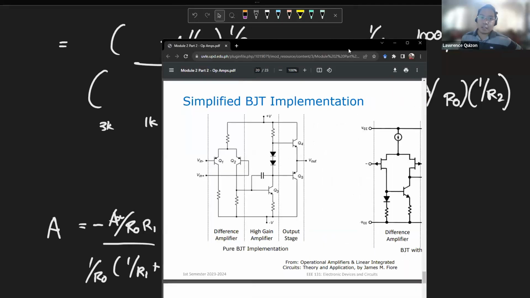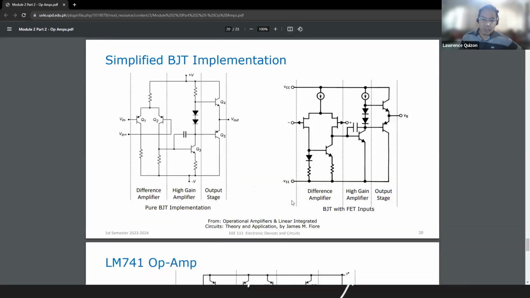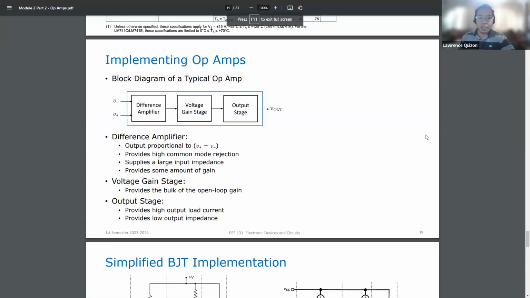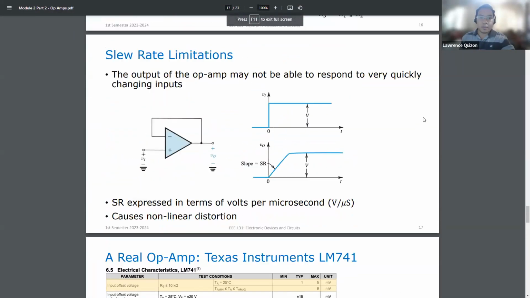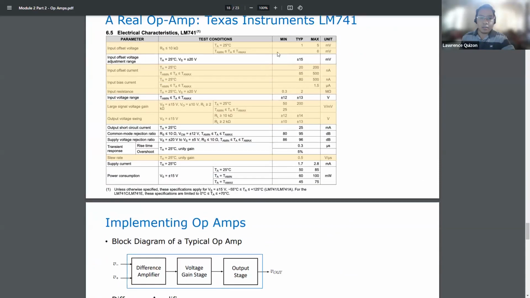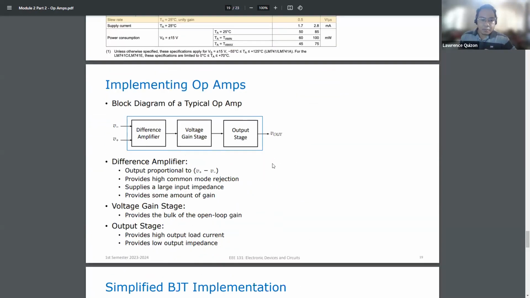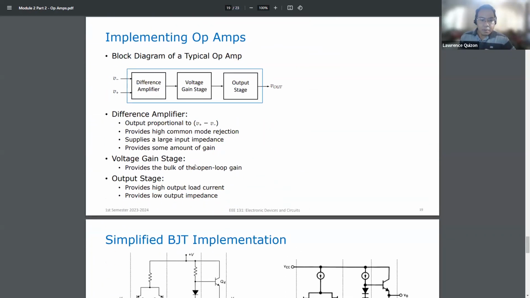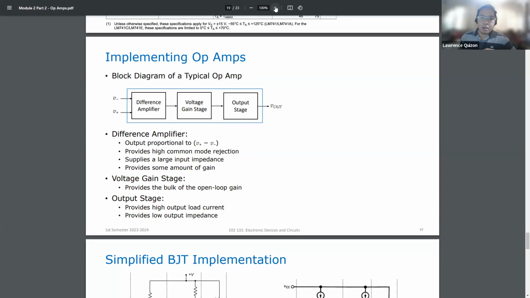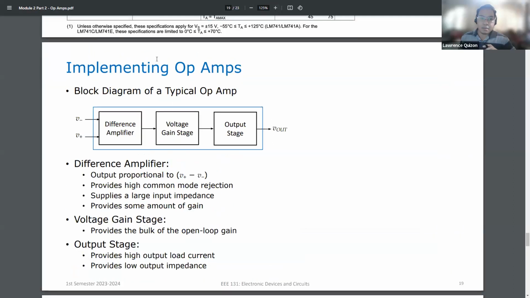Now for the final part, I'm going to go to Sir Chicho's slides. And then we're going to see kung ano yung examples niya ng op-amps. That's slew rate. This is the picture from the same manual na pinakita ko kanina. So, okay, typical op-amps are implemented like this.